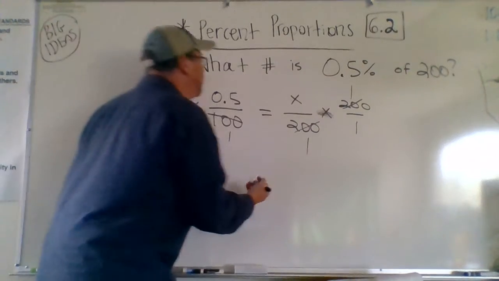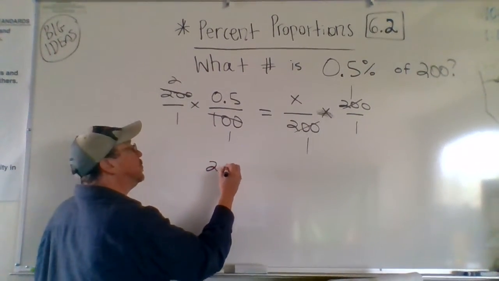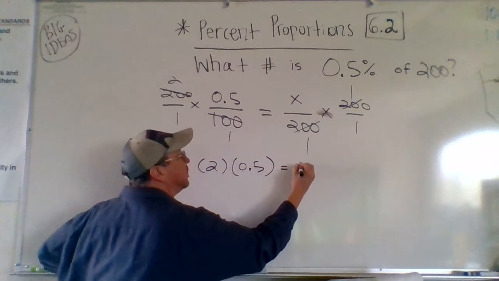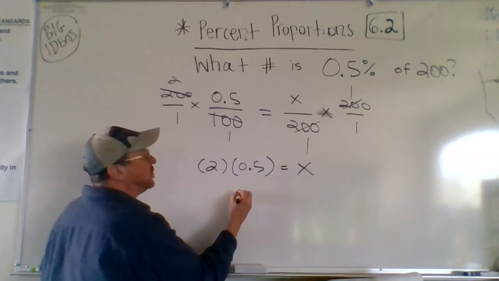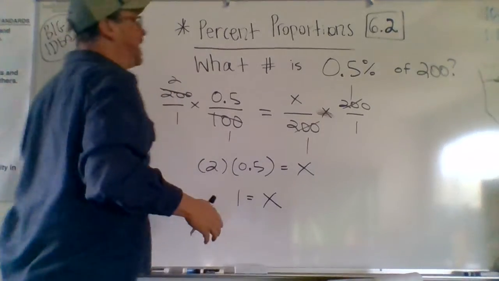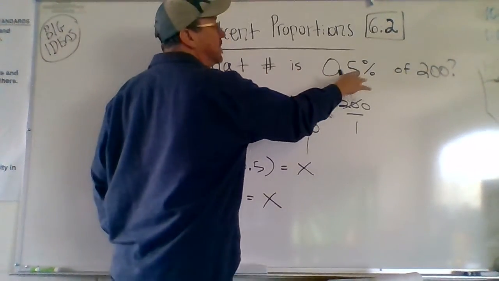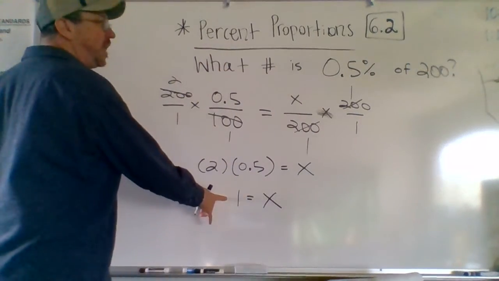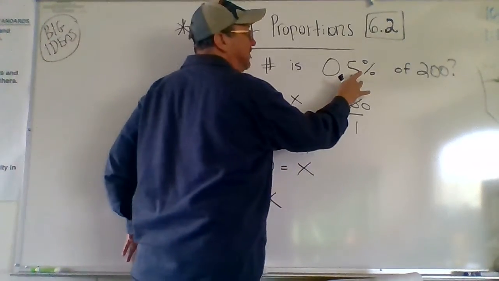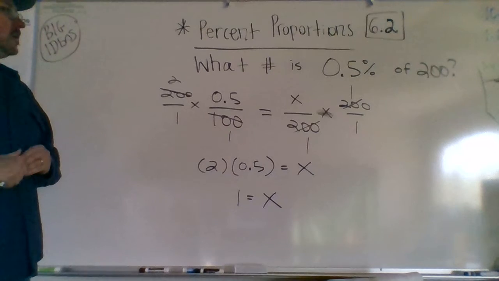So this just got pretty simple, because we're doing 2 times 0.5 is equal to x, and half of 2 is 1, so x is 1. And to go back to our original thing, we wanted to know what number is 0.5% of 200. It's 1, and that makes sense. 1% of 100 is 1. 0.5% of 200 is 1. All right.